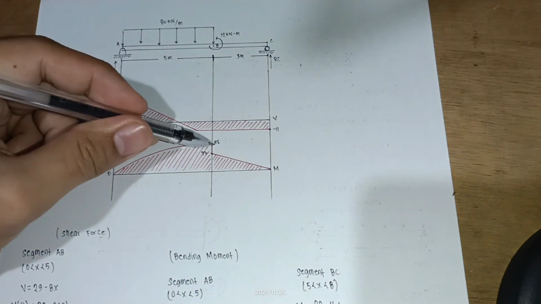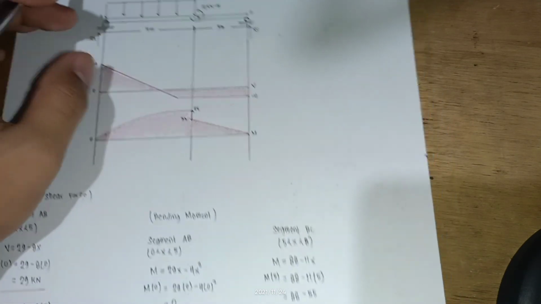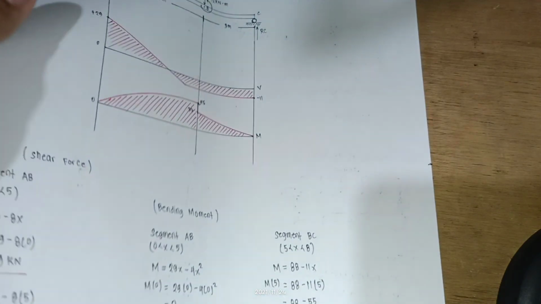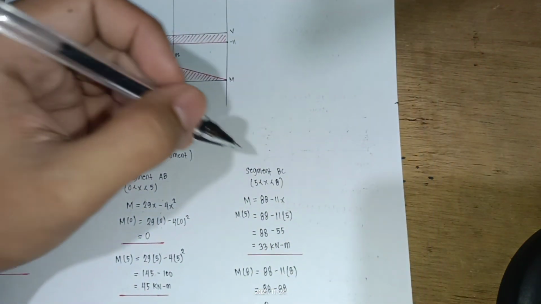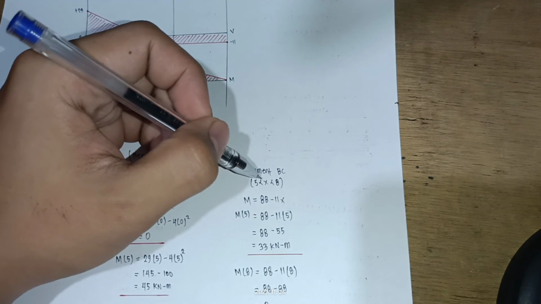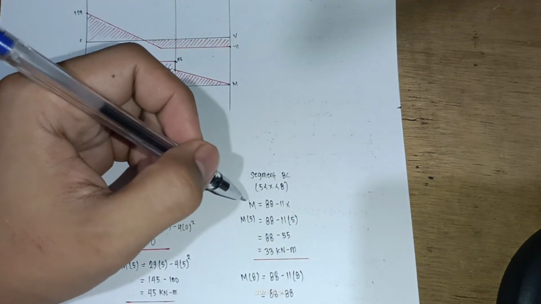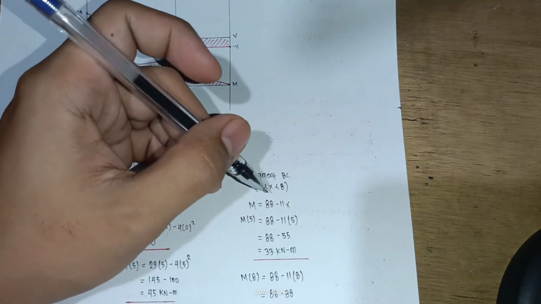That is 45. Then at segment BC, where x is greater than 5 but less than 8, the bending moment is equal to 88 minus 11x.